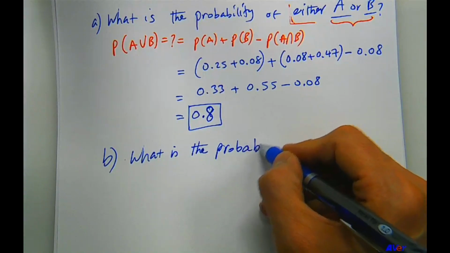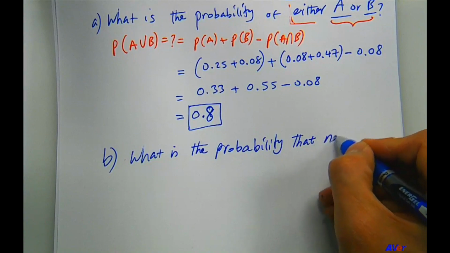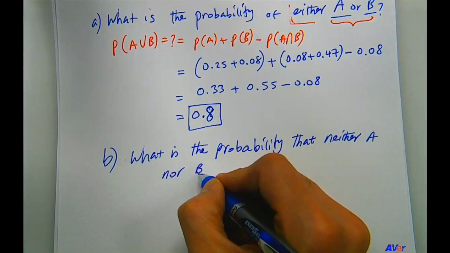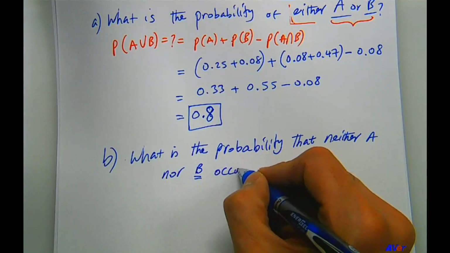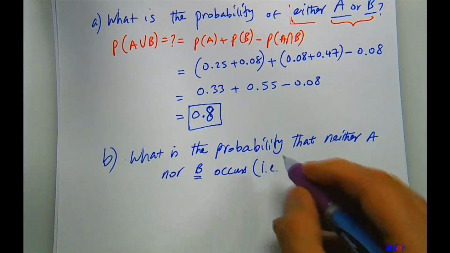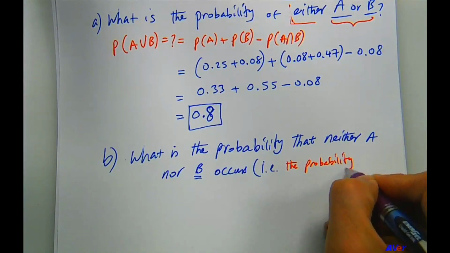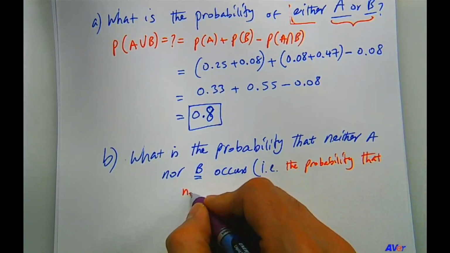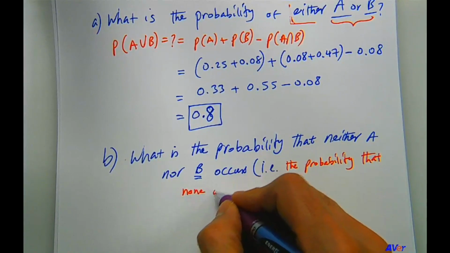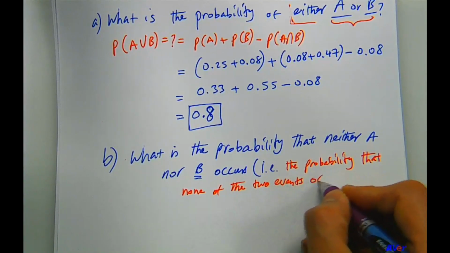What is the probability that neither A nor B occur, i.e., the probability that none of the two events occur.